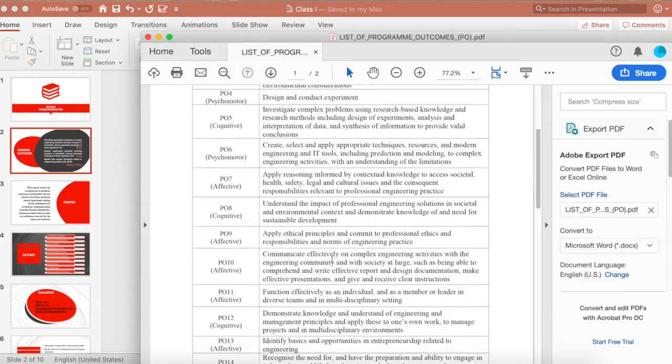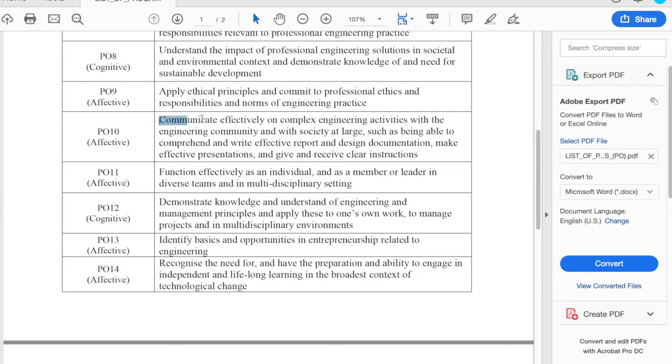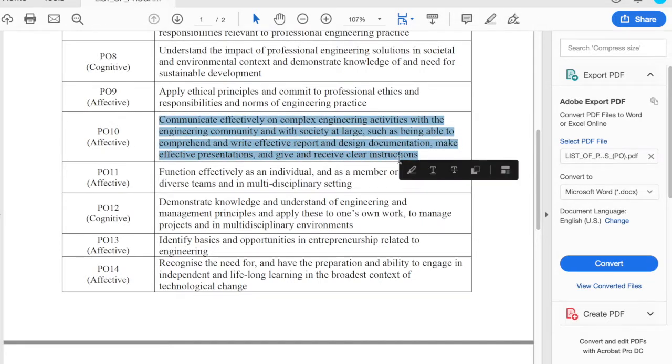So PO10 is to communicate effectively on complex engineering activities with the engineering community and with society at large, such as being able to comprehend and write effective reports and design documentation, make effective presentations, and give and receive clear instructions.